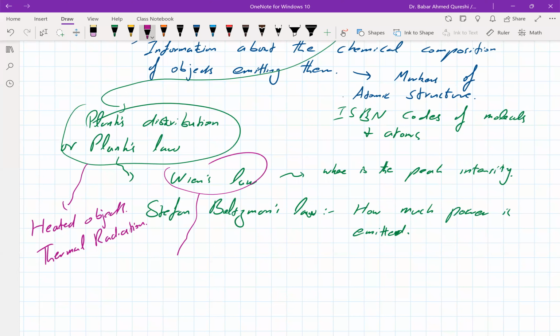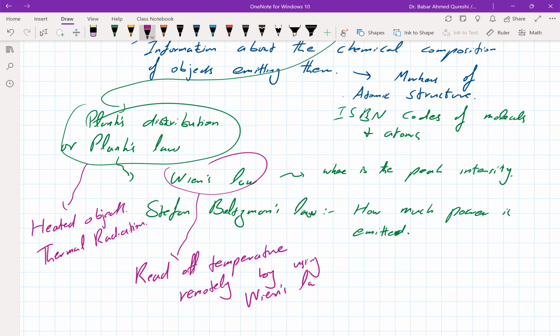You can read off temperature remotely by using Wien's law. This is just observing which wavelength has the most power. When we say wavelength, it is equivalent to saying frequency, because they're tied together.